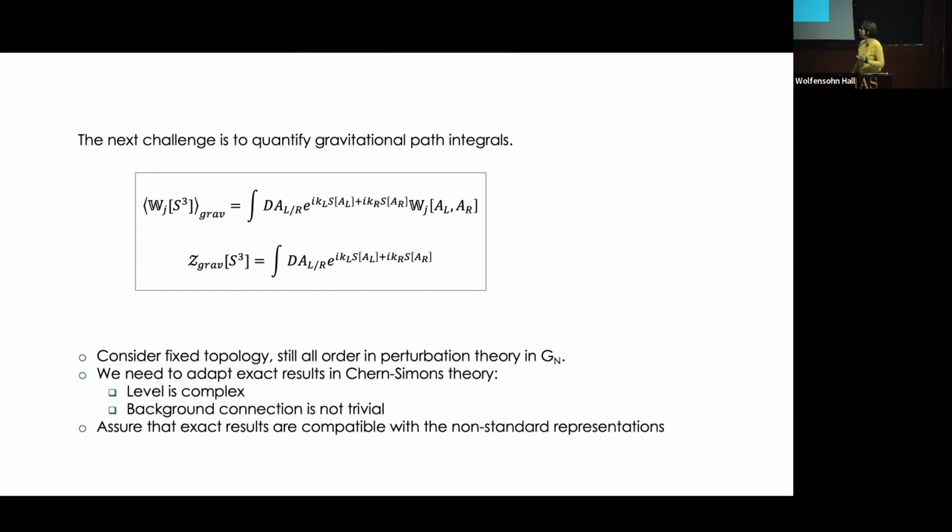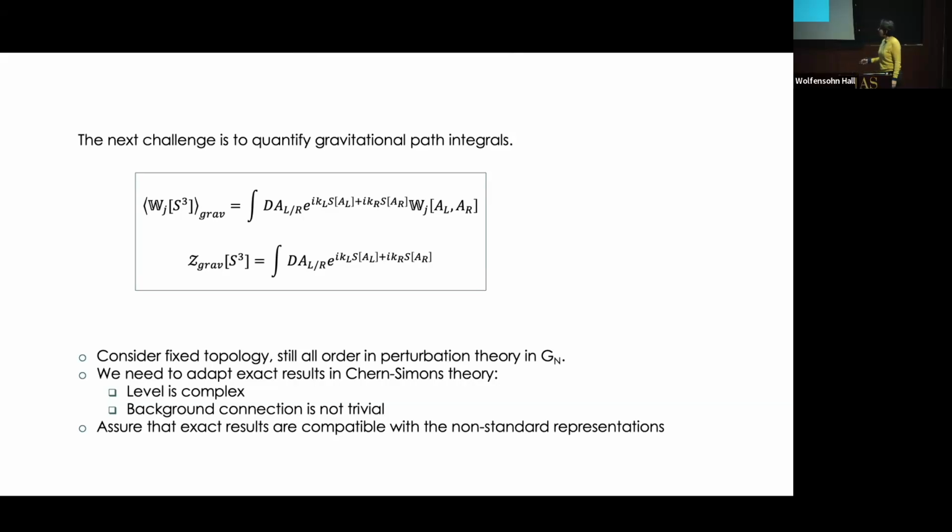And there's a few things that you do have to pay really careful attention before you start using Chern-Simons technology. First, as I told you at the beginning, the level is complex. So just be mindful of that. It's not an obstruction, but just don't forget about it. And also, when I use results of Chern-Simons theory, here again, it's important that my background connection is not the trivial connection. Okay, so you have to incorporate this as you try to do this path integral over A left and A right.